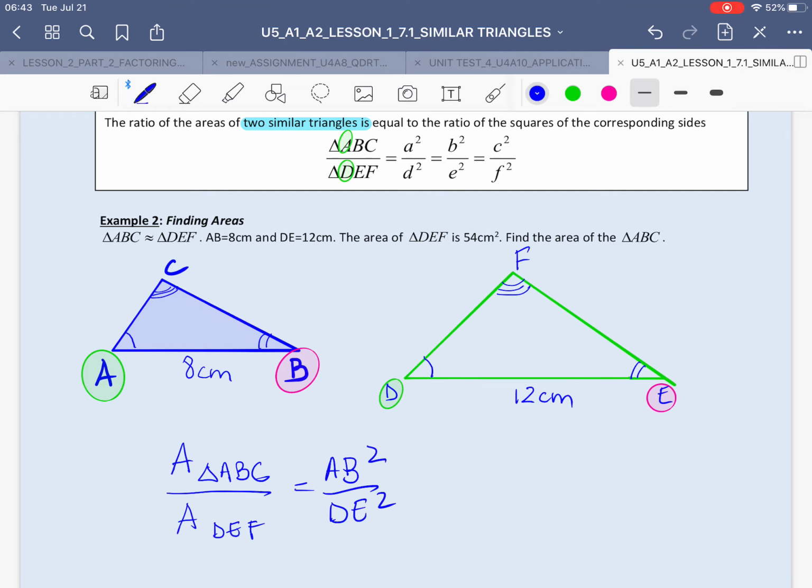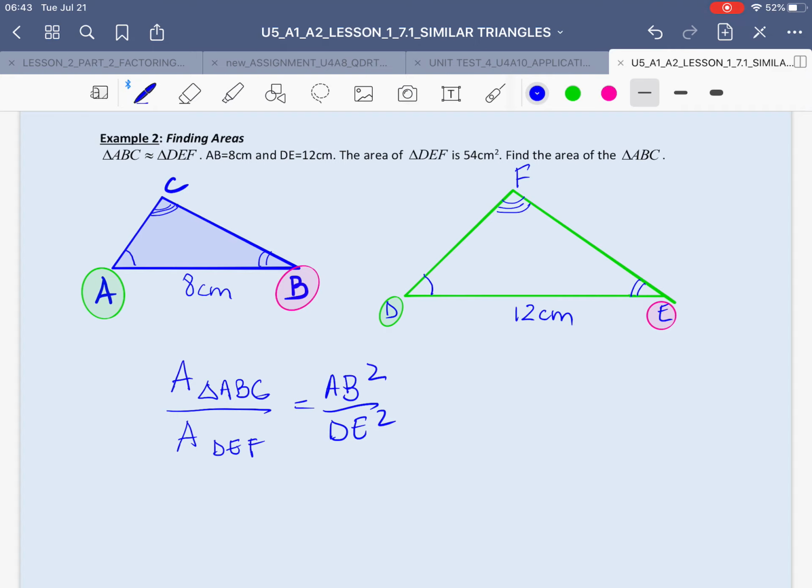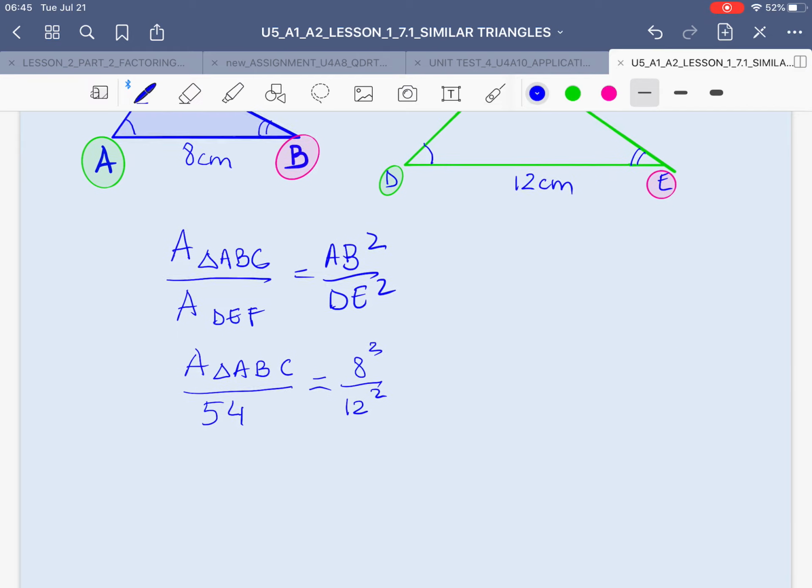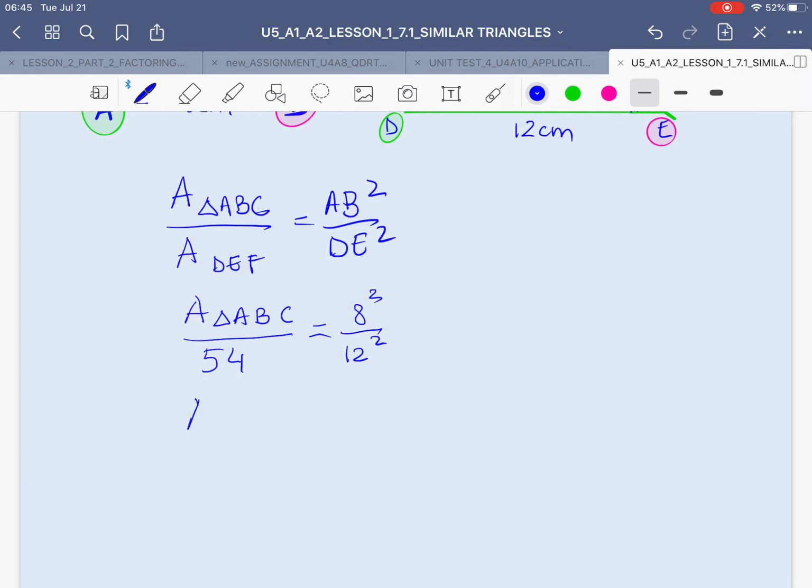And that will be equal to, just substitute, we don't know the area of ABC, so that would be our unknown, so we're going to leave it as is. DEF is 54, AB is 8, must be squared, and DE is 12 squared. Further to this, area of the triangle ABC again, over 54 equals 64 over 144.